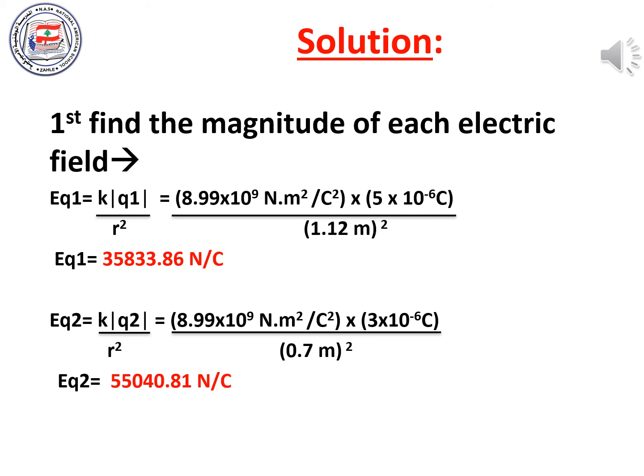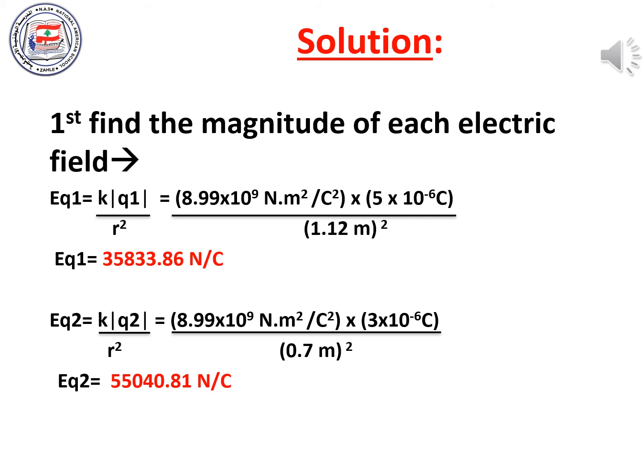First, we have the electric field due to charge 1. Electric field due to charge 1 is equal to K times the absolute value of Q1 over R squared, which is equal to 8.99 times 10 to the power 9 newton meter squared per coulomb squared, this is K, times 5 times 10 to the power negative 6 coulombs.